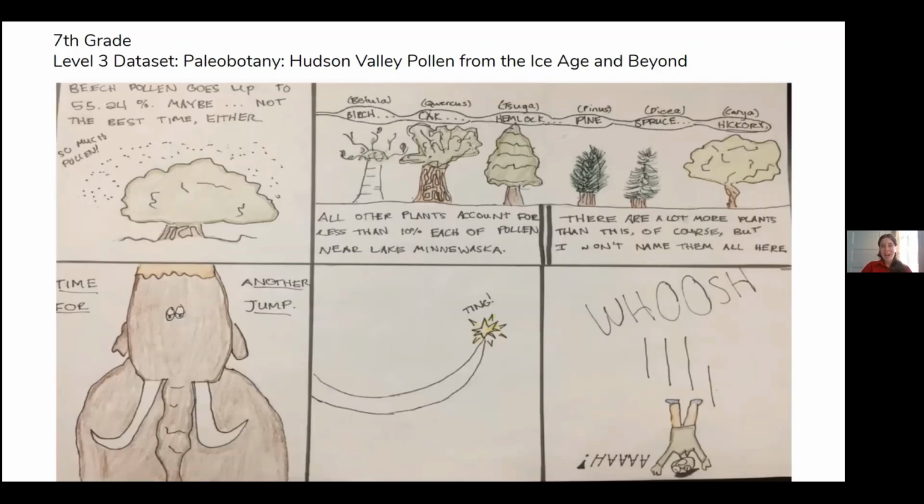And we received some comic books, which I think are a great medium and particularly amenable to telling a data story, because of the inherent use of both text and imagery in the comic book format. And so this is a comic book based on pollen data from sediment cores taken from Mohonk Lake.